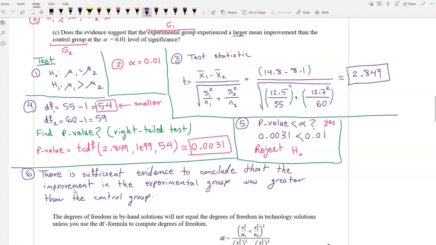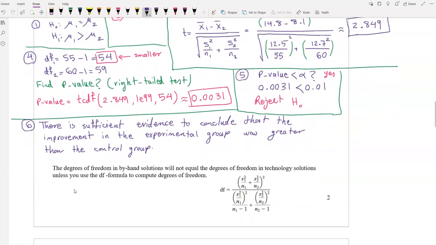We tried to find the answer for degree of freedom by hand and use small degree of freedom. But if you're working on, for example, online assignment, you may have different answer for p-value, slightly different answer, because degree of freedom using technology is different than what we did by hand.